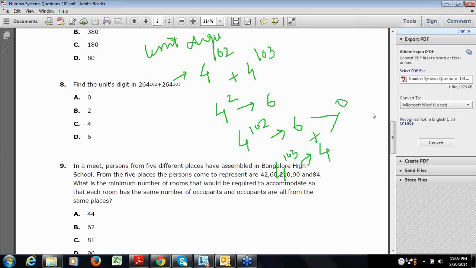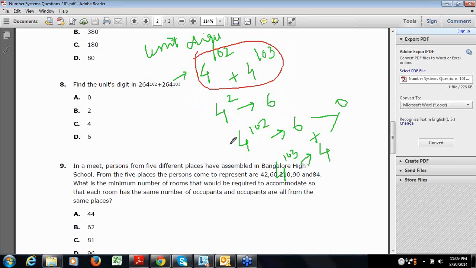Okay, let me repeat once again. 4 to the power 102 plus 4 to the power 103, the unit digit. So 4 square gives a unit digit of 6.